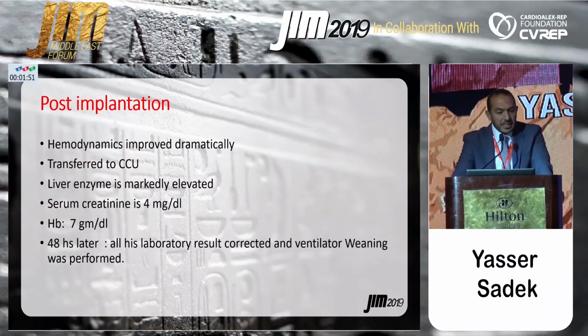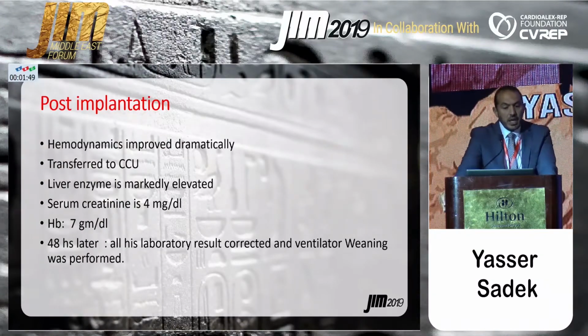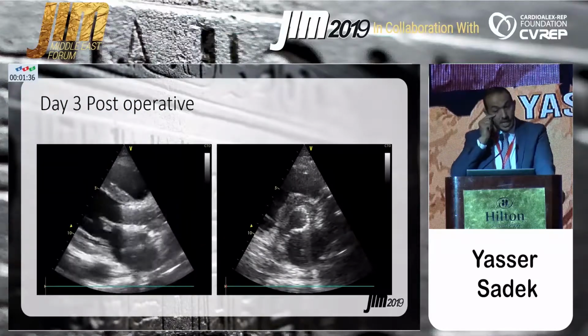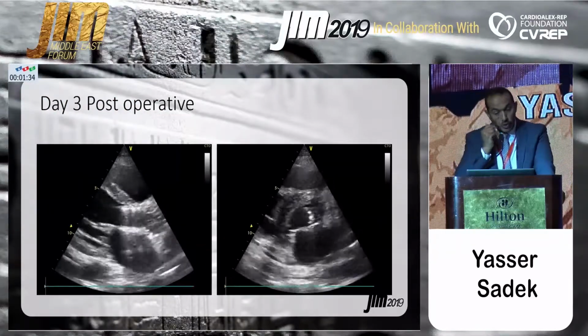Hemodynamics improved dramatically, and he was transferred to the cardiac unit. Liver enzymes and creatinine were very high in the first 2 days, but after that all laboratory results corrected and ventilator weaning was performed. And this is his echo, day 3 post-operative.